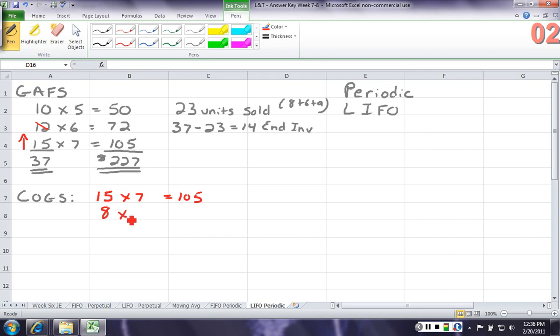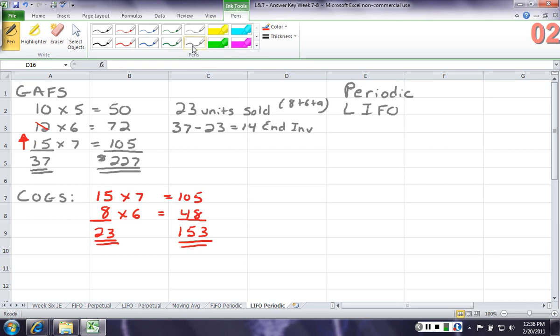So 8 at $6 for a total of 48. Okay, so 15 plus 8 equals 23 units sold. 105 plus 48 equals a total of 153. I sold last in, first out.